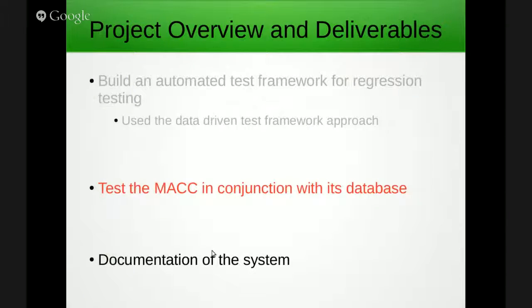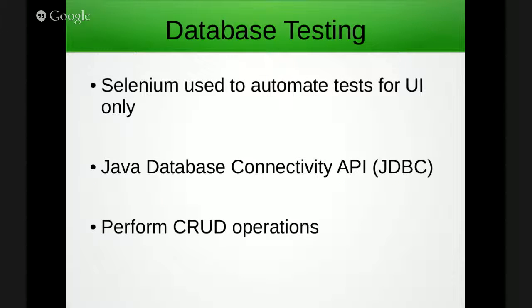Another deliverable which I had was to test the MACC in conjunction with its database. And Selenium doesn't offer automated tests for databases, and it's only used for testing the user interface.